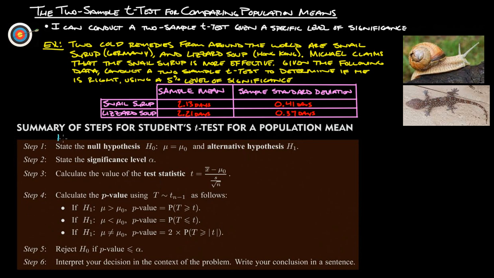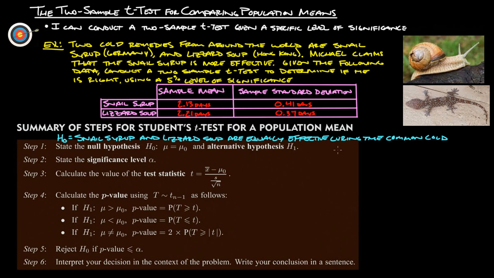The null hypothesis in this case is always going to be that the two are not different at all. So what we'd want to write is that snail syrup and lizard soup are no different in curing the common cold. I changed it a little bit: snail syrup and lizard soup are equally effective at curing the common cold.